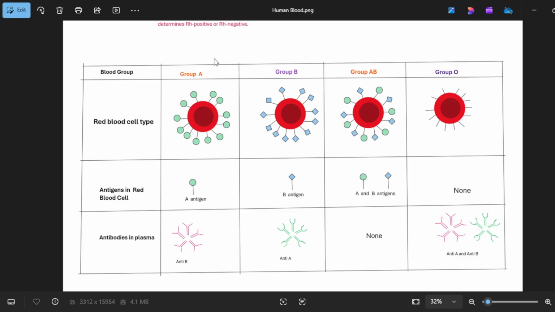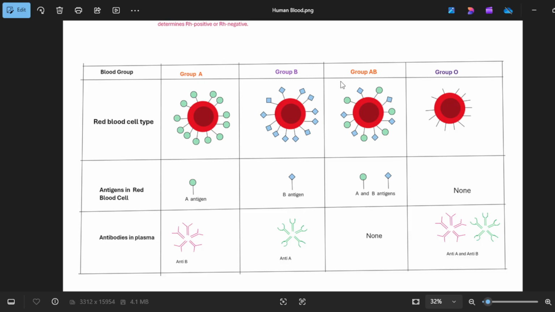If you see here in group A, if you are blood group A, then on your red blood cells you have A antigens, and in plasma you'll have antibodies of B. So this will be group A. In group B you have B antigens, proteins on your red blood cells, and antibody A proteins in your plasma.